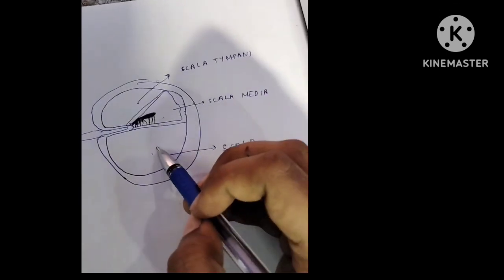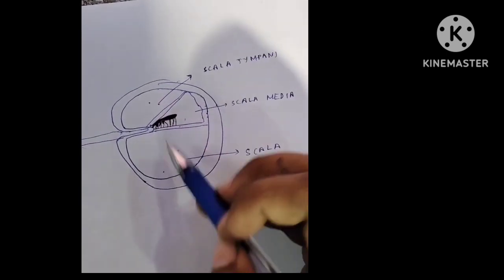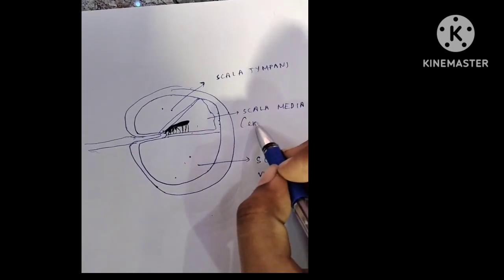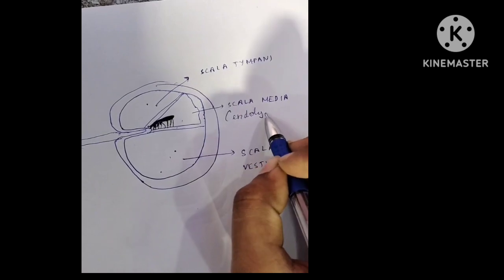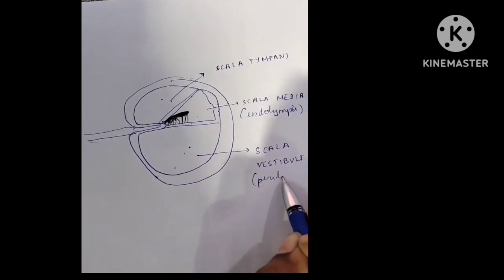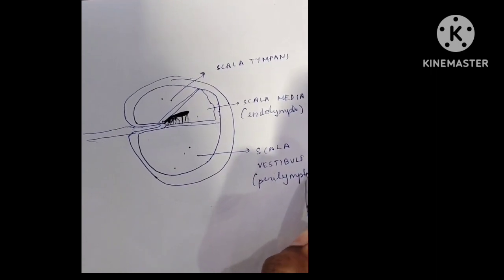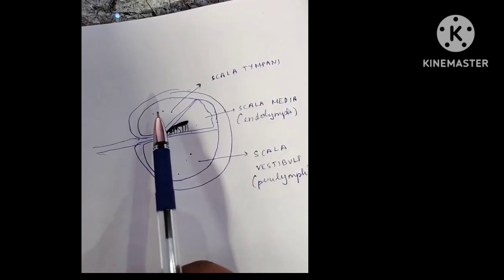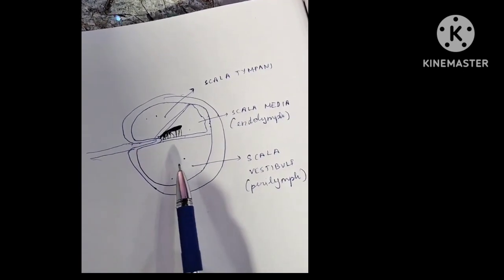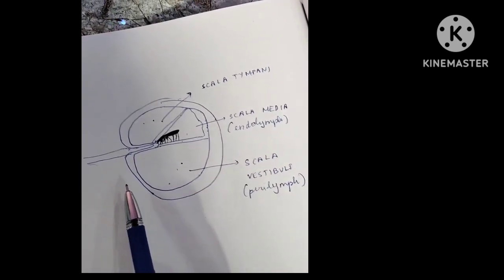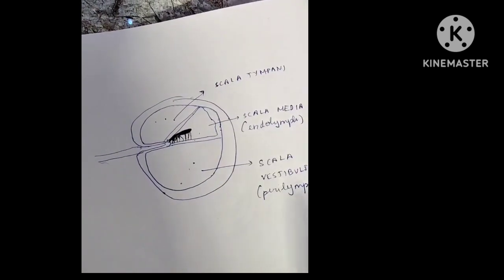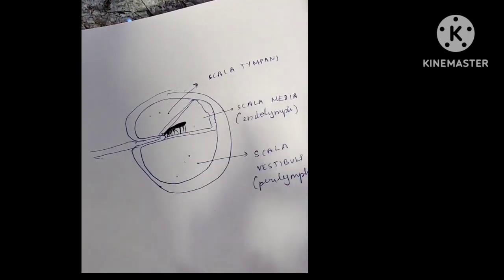The scala tympani and the scala vestibuli are filled with perilymph, and the scala media is filled with endolymph. One more additional point is scala tympani extends up to the oval window, and scala vestibuli extends up to the round window. The functions of the organ of Corti and inner ear, in the next video I'll explain that.